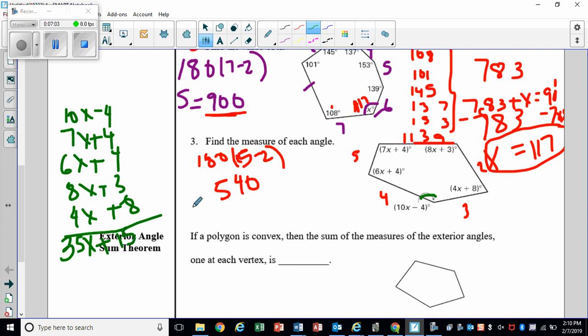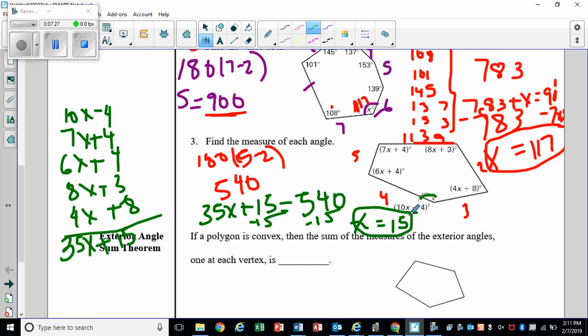Okay, so now I have 35x plus 15 equals 540, because that's what the sum needs to equal, right? So you're going to subtract 15 from both sides first, and then you're going to divide by 35. Which gives you 15.